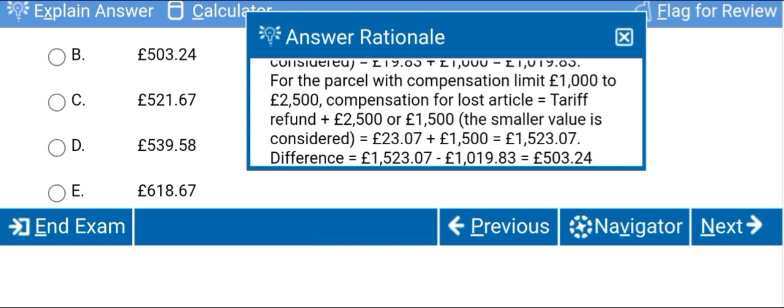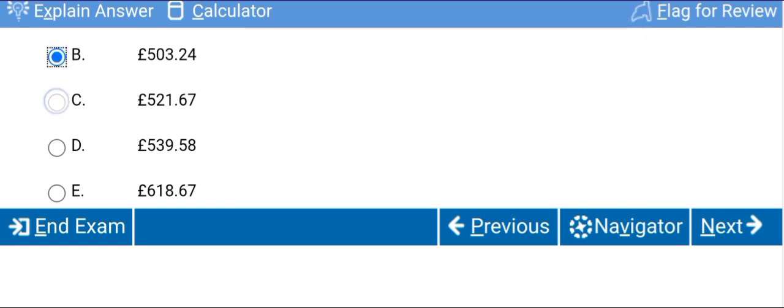For the parcel with the compensation limit 1000 to 2500, tariff refund plus 1500, we have 1523.07 pounds. Difference: 1523.07 minus 1019.83 pounds equals 503.24. This is option B.